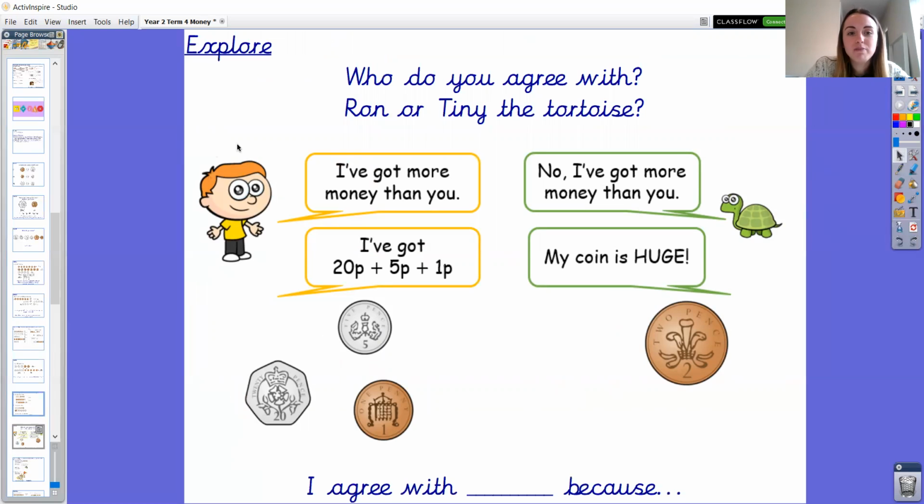So here we have Ron, meet Ron, and we have Tiny the tortoise here, okay? And they've got some different opinions. So we're going to have a think about who we agree with and why. Ron says, I've got more money than you. I've got 20p, add 5p, add 1p.